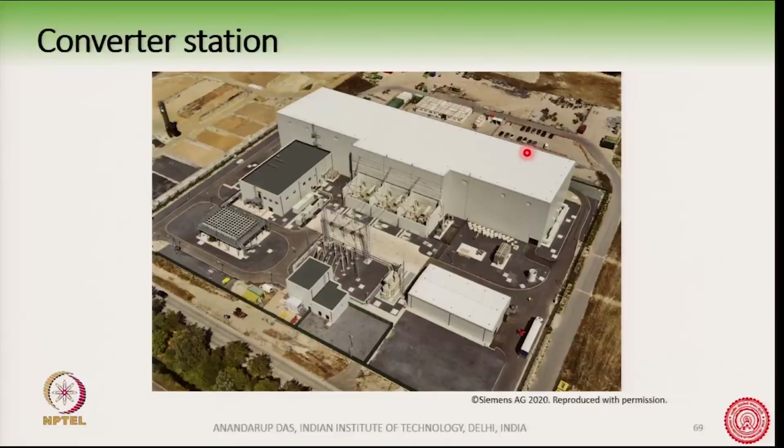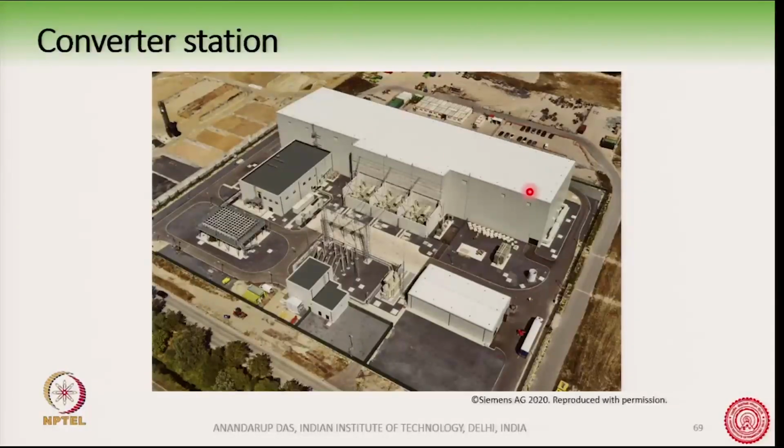So, you can estimate how big it is. This white colored box here is where the converters are located, but additionally you can see there are isolators, a transmission line, and transformers here, after which the cables go inside this white box where the converters are located.